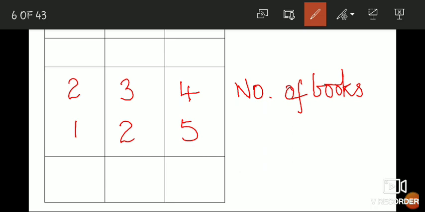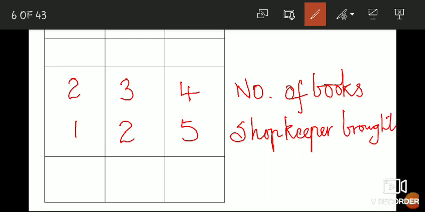We can write shopkeeper brought. We have to find out number of books in the beginning.